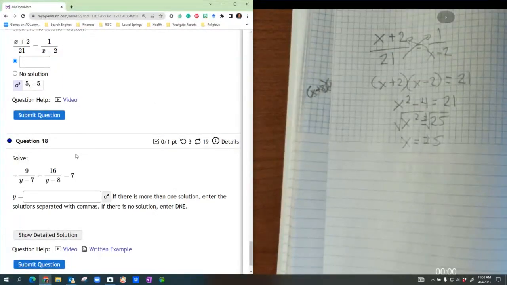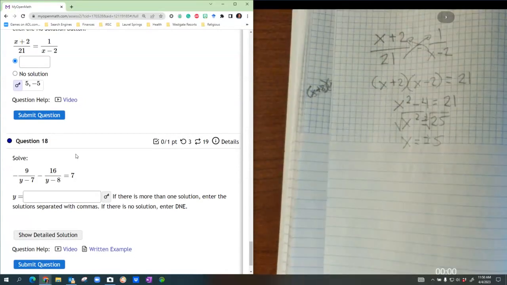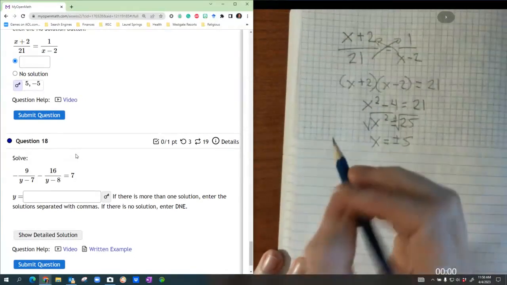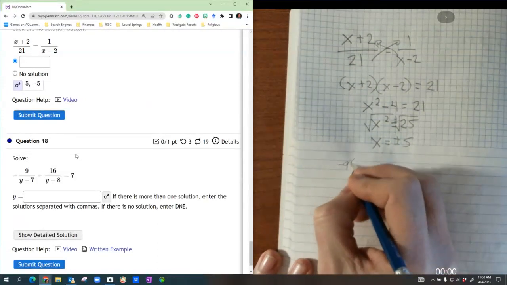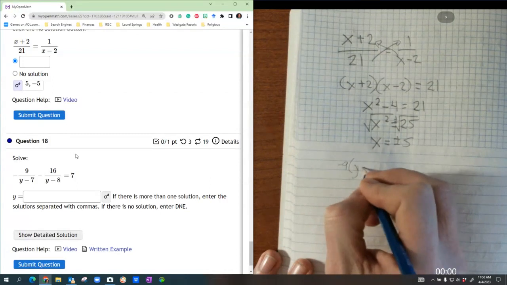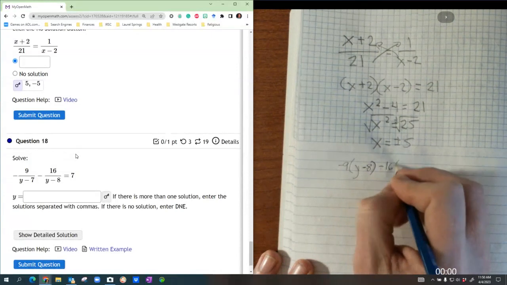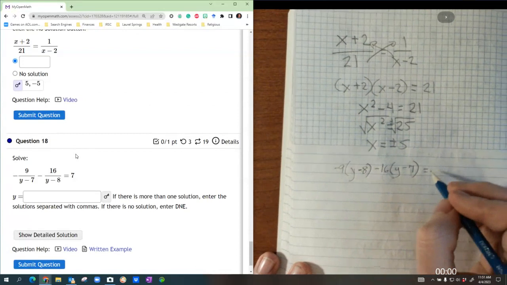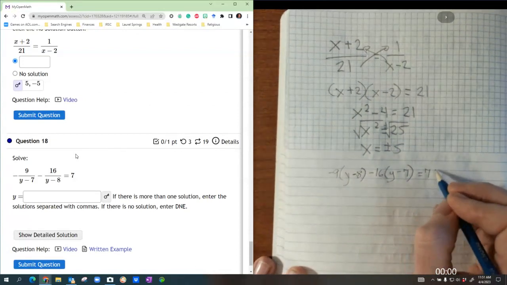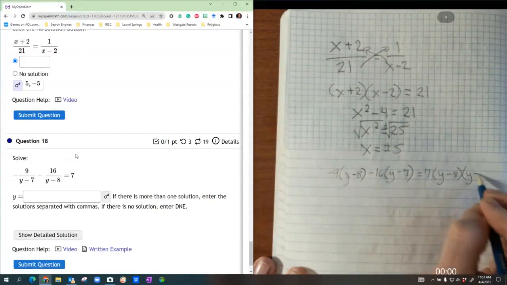All right. Now we're going to do that cross multiplying that we talked about earlier, but this time we can notice that the other side has a 7. So we're going to do negative 9 times y minus 8, and then negative 16 times y minus 7 equals 7 times y minus 8, y minus 7.